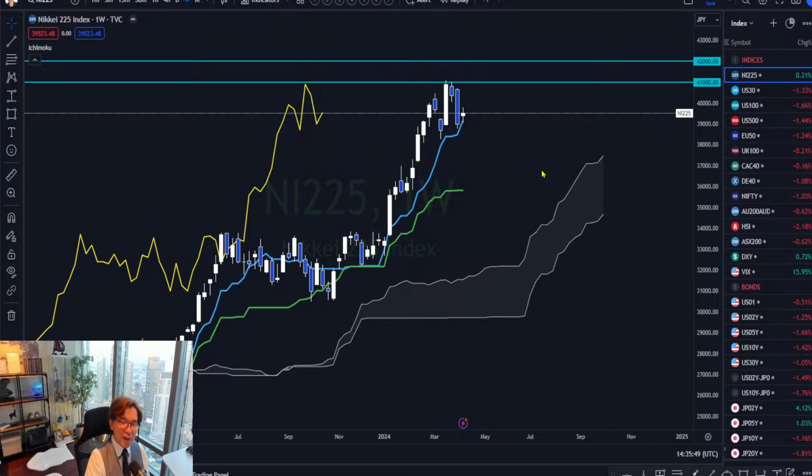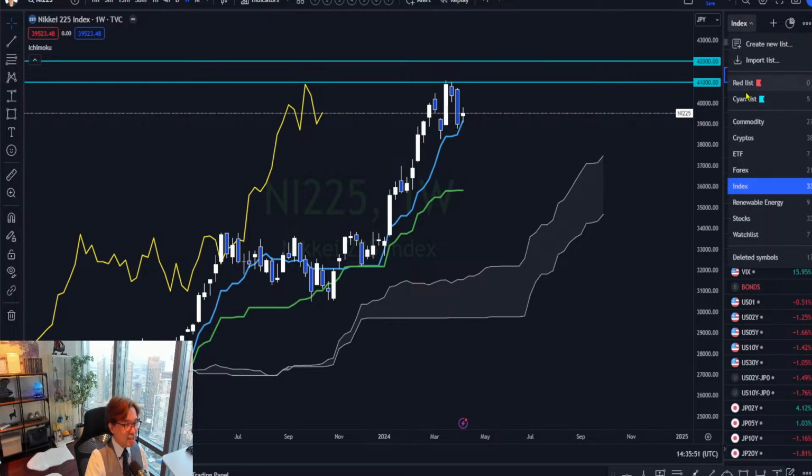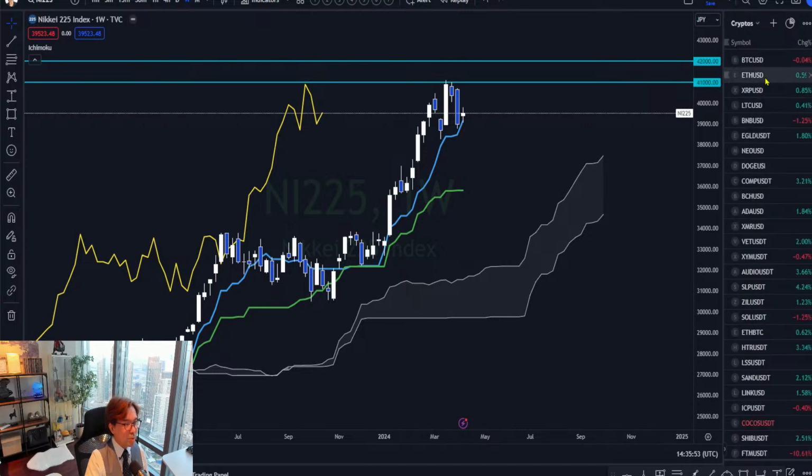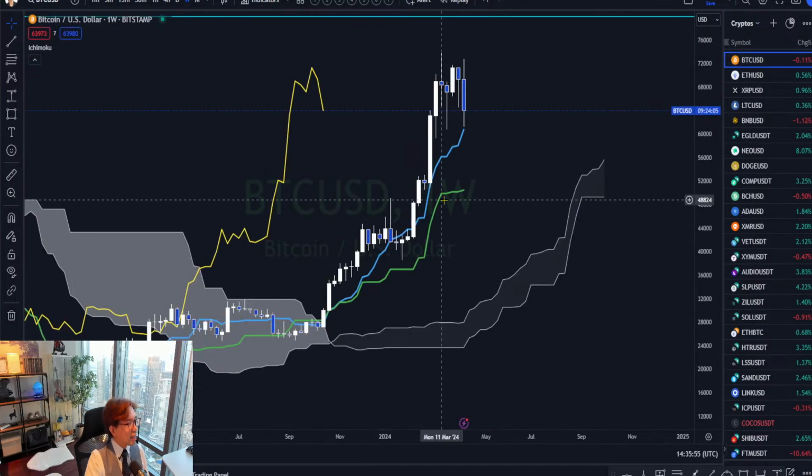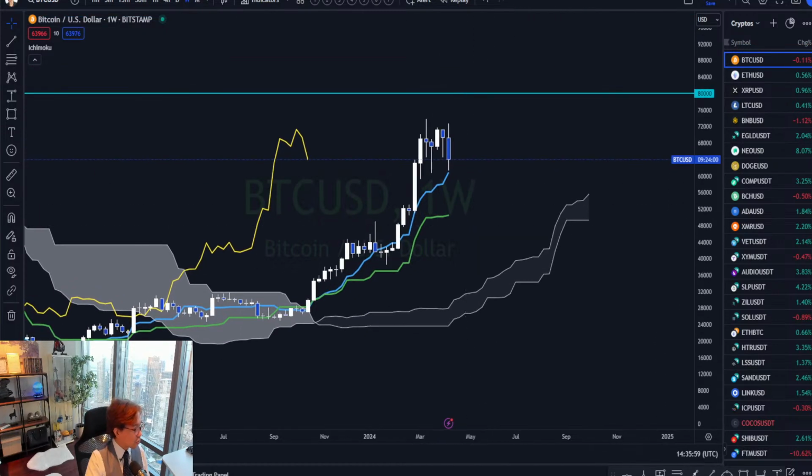Okay, so finally, let me cover Bitcoin, BTC USD. Cryptos, BTC USD. In terms of the weekly time frame, it's still bullish because the price has been above the Tenkan Sen still. So the same rule applies to Bitcoin too.